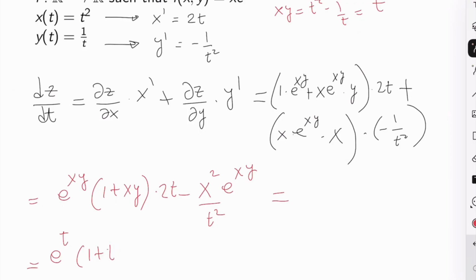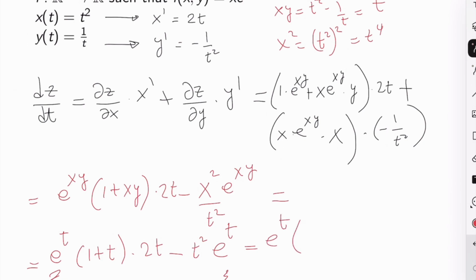1 plus t times 2t minus x squared. Well, x squared is going to be t squared squared, so this is t to the fourth power. So t to the fourth power over t squared is going to be just t squared, and e^t. Okay, put in now again common factor e^t.